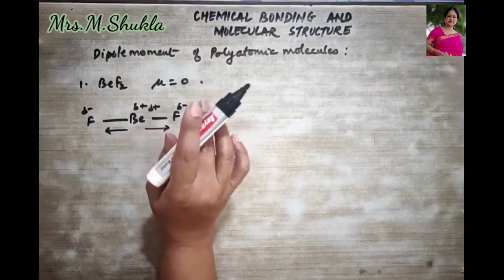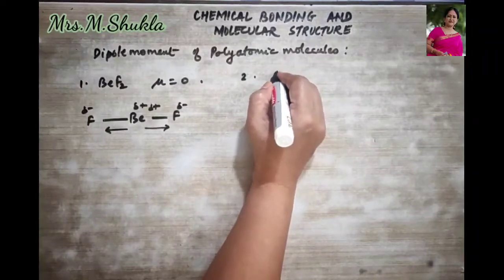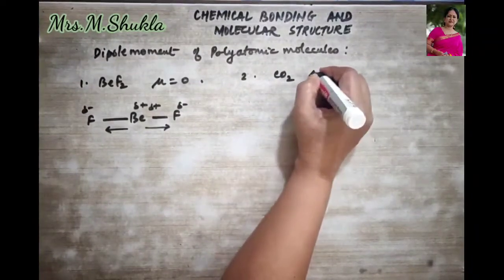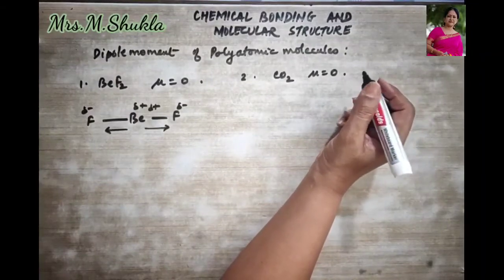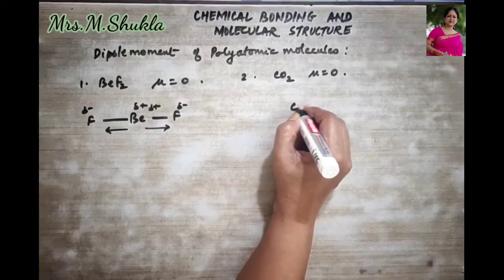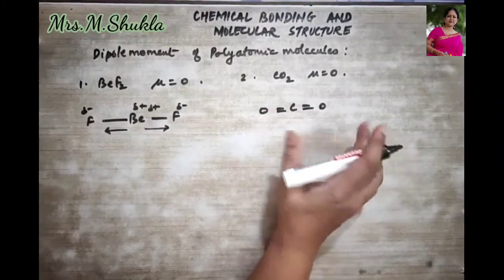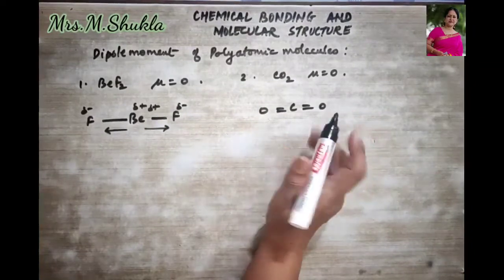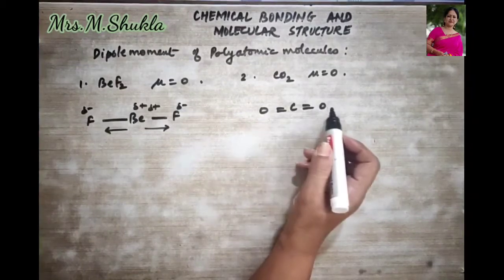Okay, then we take another example of CO2. Over here also we will see the dipole moment will be 0. Now how are we going to see this? Carbon combines with double bond O, right? So the dipole moments of carbon and double bond O are equal but they are directed in opposite directions.